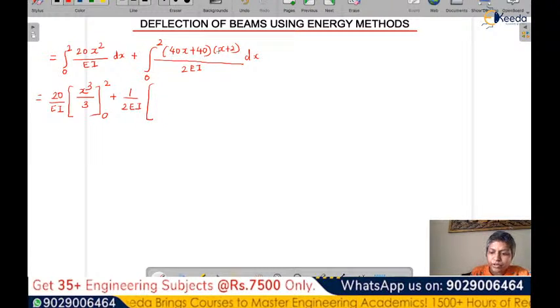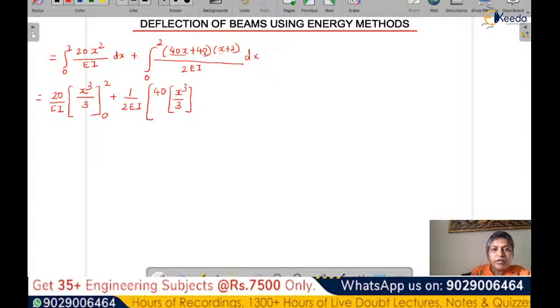Then when you multiply, 40x square, after integration it will become 40 into x cube by 3, then 40 into x, and 40x into 2, so 80x, for a total of 120x.